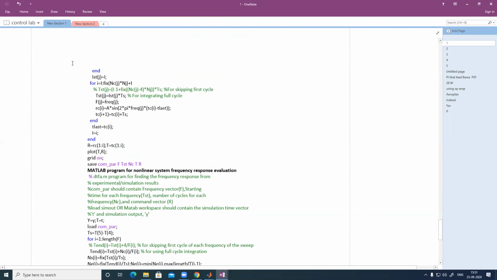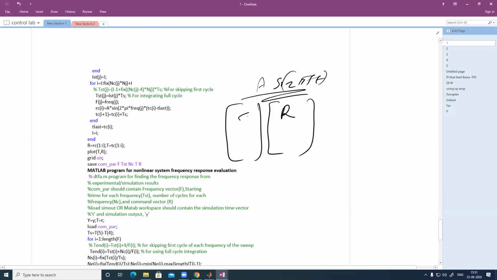Then that only, A sin omega t, A sin 2 pi f t, that is the sine wave generated. And you are doing this in discrete time, so you will get a T vector and R vector.